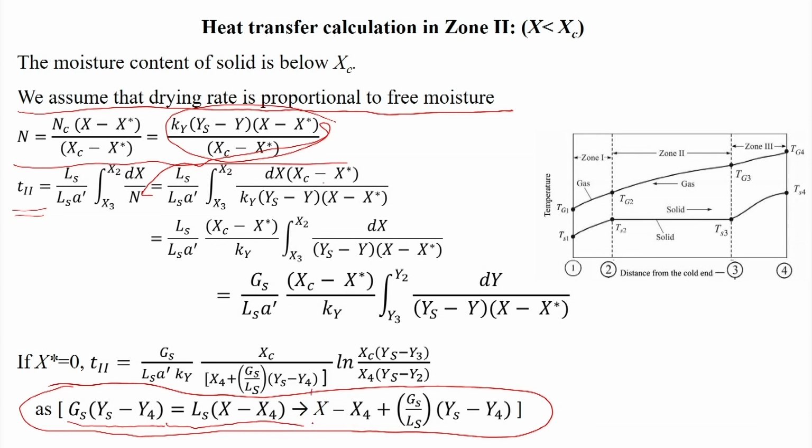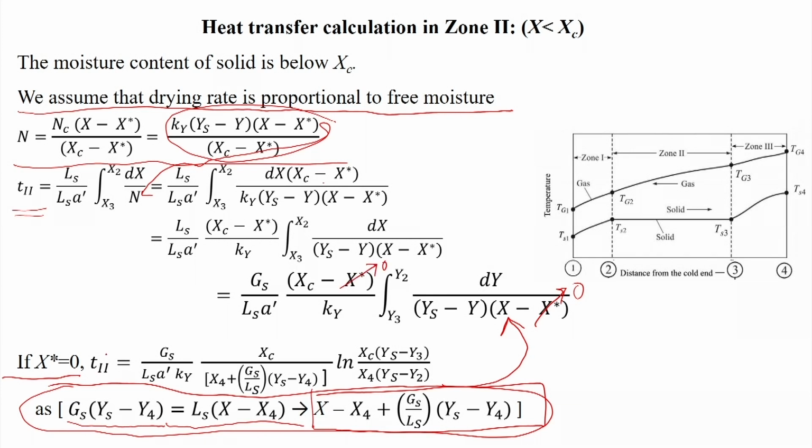From there we will be getting x is equal to x4 plus Gs by Ls into ys minus y4. We will be putting this value in x. Now, you see, if x star is 0, if the equilibrium moisture content is negligible, then this part will go, this is 0 and this is also 0.